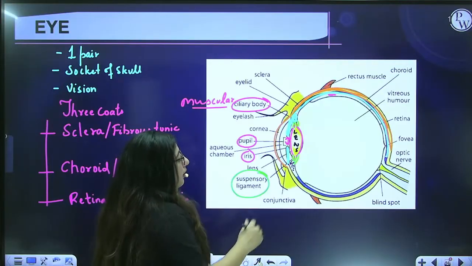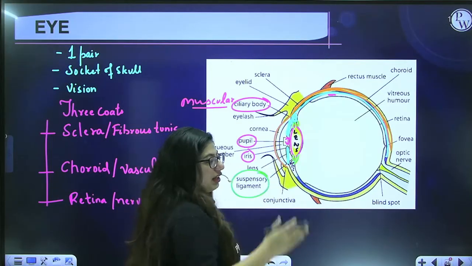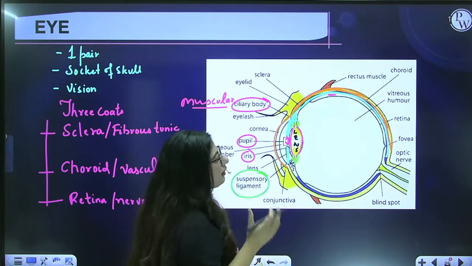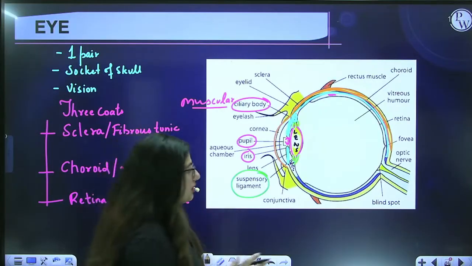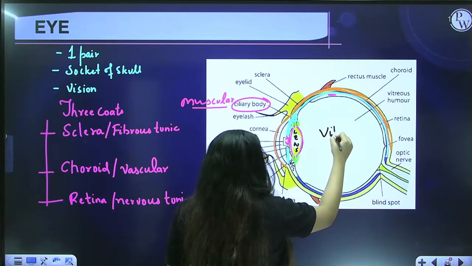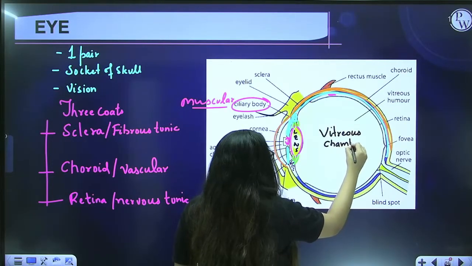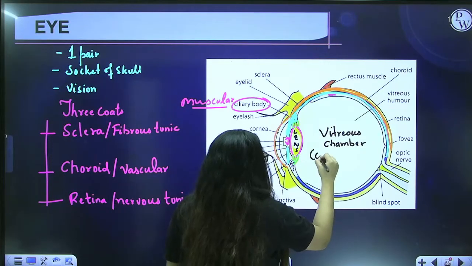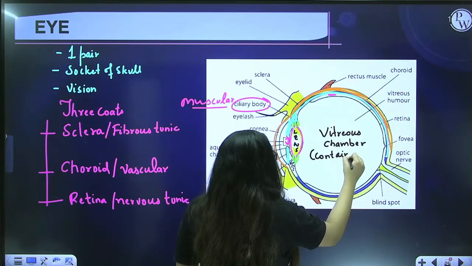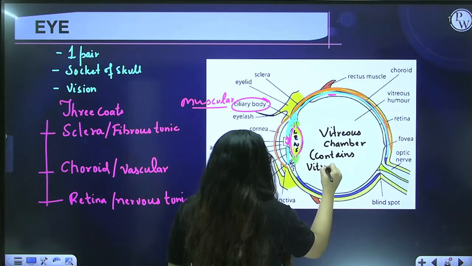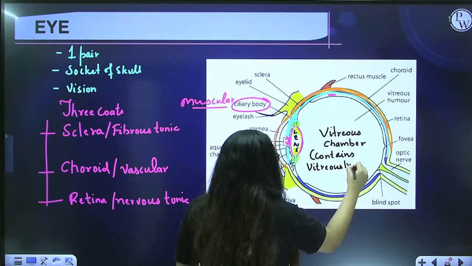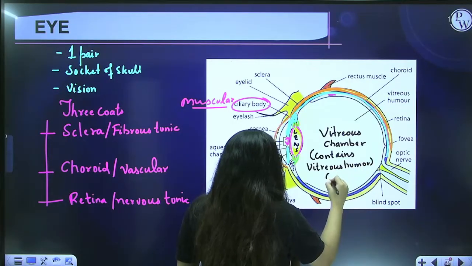Now, the lens is creating a wall and has divided the entire eye into two chambers. This chamber is the vitreous chamber. It contains a jelly-like vitreous fluid, or vitreous humor, which is gel-like.